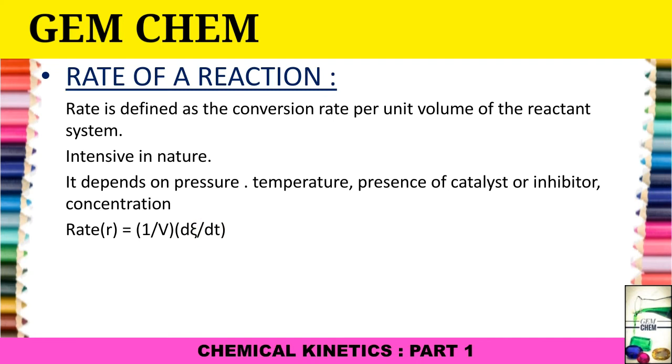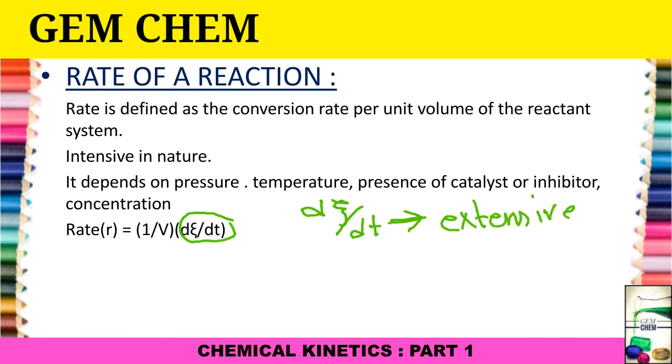This is the conversion rate. Now if somebody asks that we know that rate is intensive, but what about this quantity, that is d eta by dt, is it extensive or intensive? Since this is a conversion rate, this is extensive. Remember this can come. This is an extensive quantity.